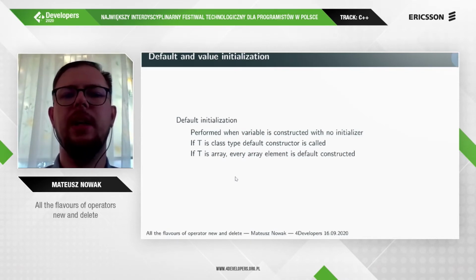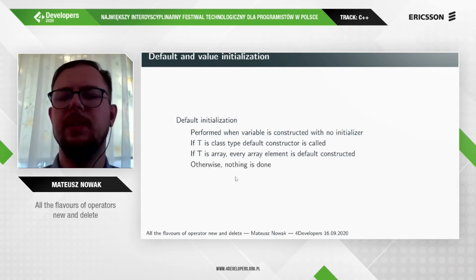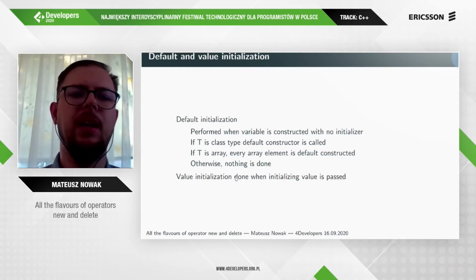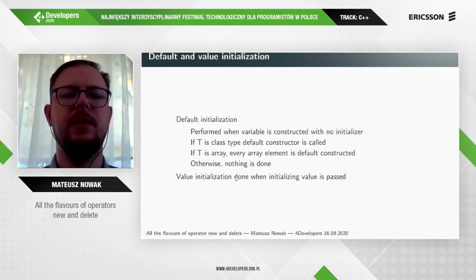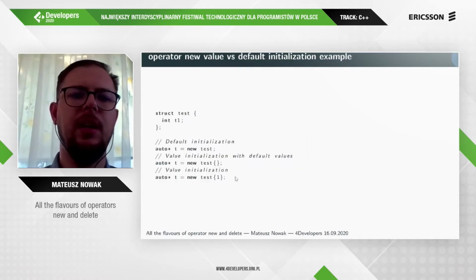If T is an array, every element in the array is default constructed, and otherwise nothing is done. So in the best case, we save some operations on initializing. Value initialization is done when an initializing value is passed. So we construct with some value, initialize with some value. Let's see an example for this.